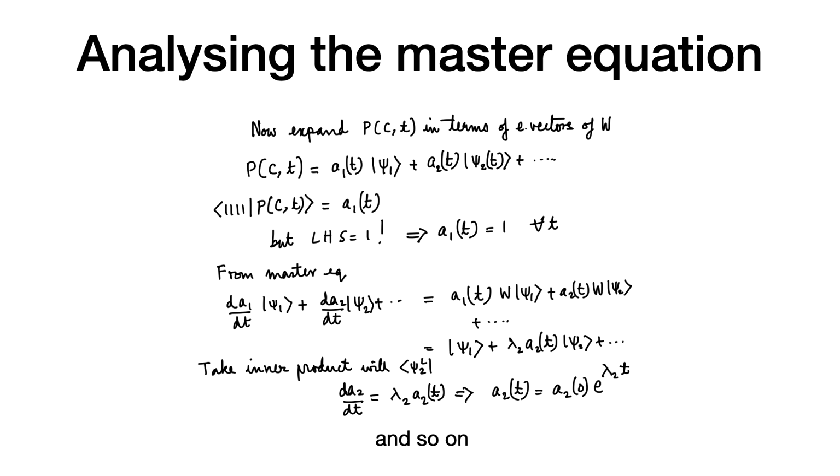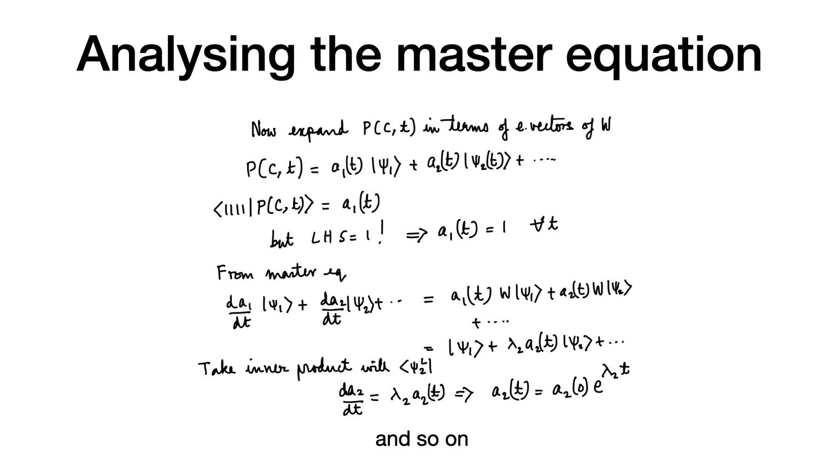First statement: suppose I take an inner product with 1, 1, 1, 1, 1, which is our left eigenvector of the eigenvalue 0. Now, it is orthogonal to all psi 2, psi 3, psi 4, psi n. So all those terms will go to 0. You will get A1 of t, because 1, 1, 1 into psi 1 is 1. So all you are left with is A1.